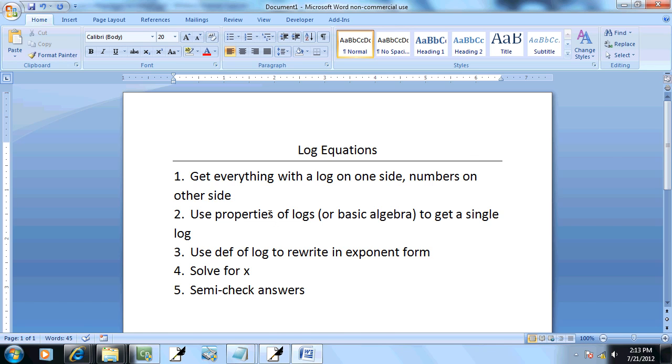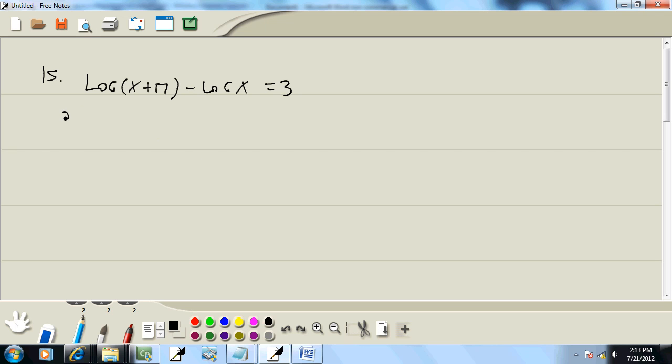Step 2, use properties of logs, get a single log. Well, log of something minus log of something, subtraction becomes division. So we're going to have log of x plus 17 over x equals 3.